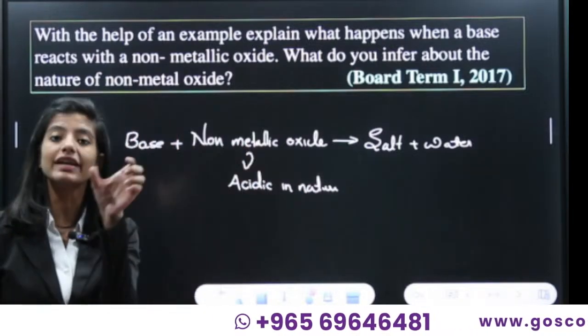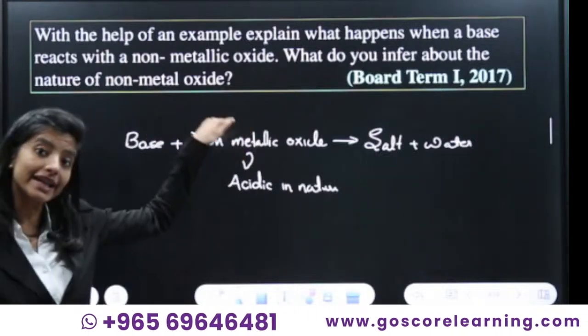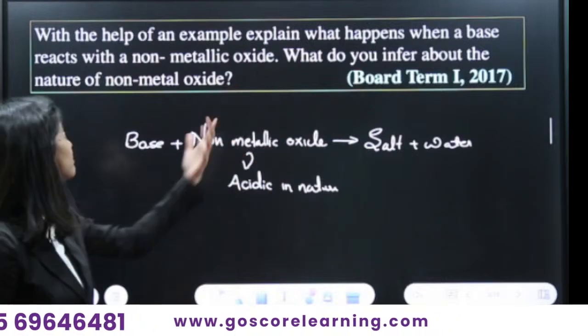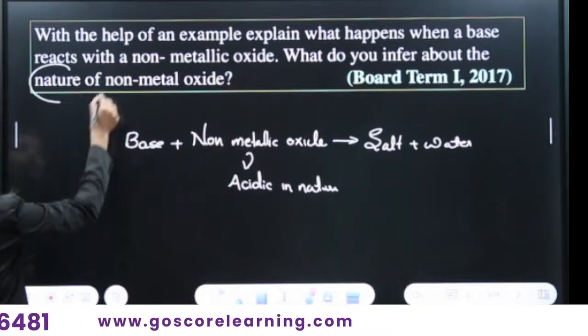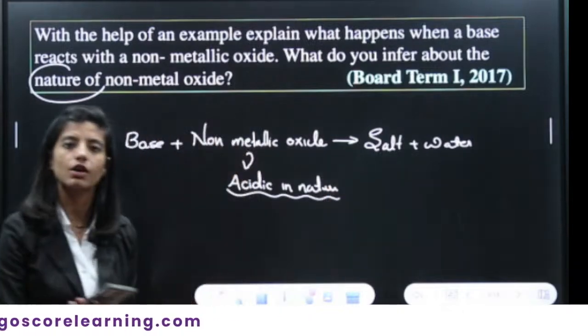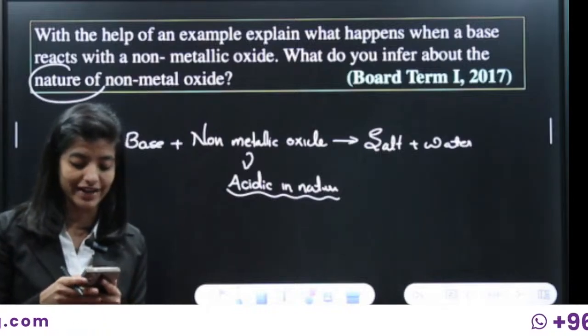So from here itself, we can answer the second question: what do you infer about the nature of the non-metal oxide? It is acidic in nature. Got the answer? Now we have to explain it with the help of an example.